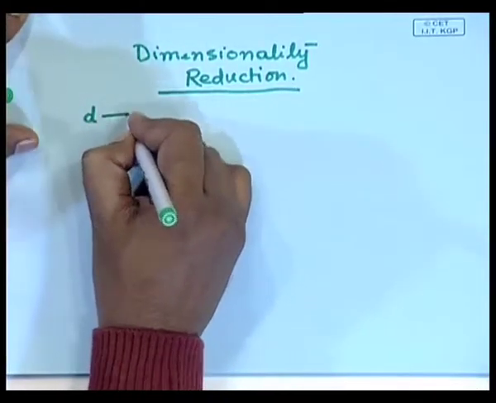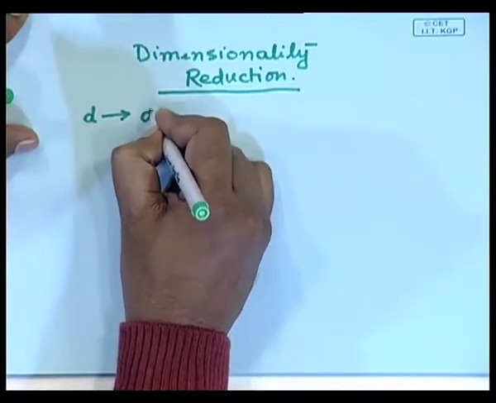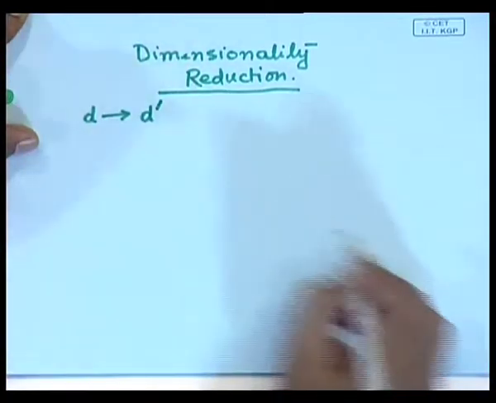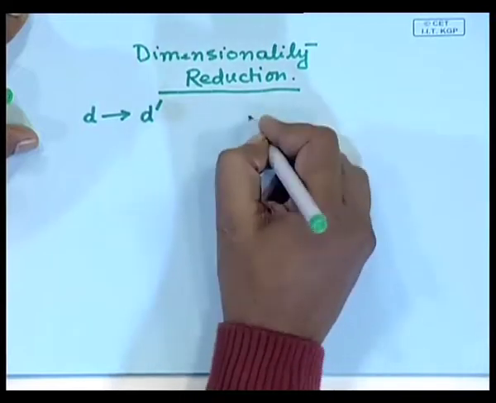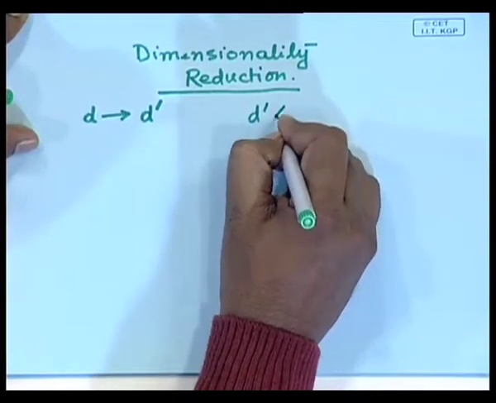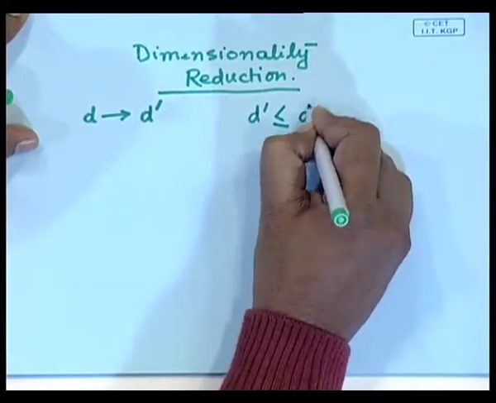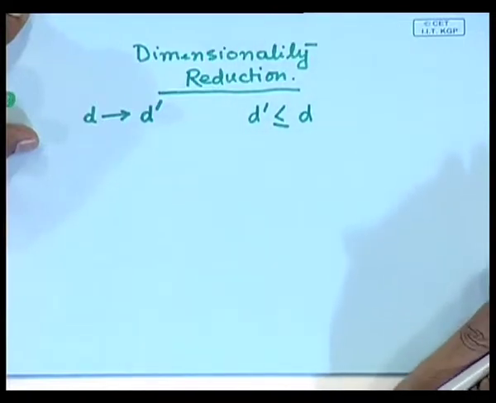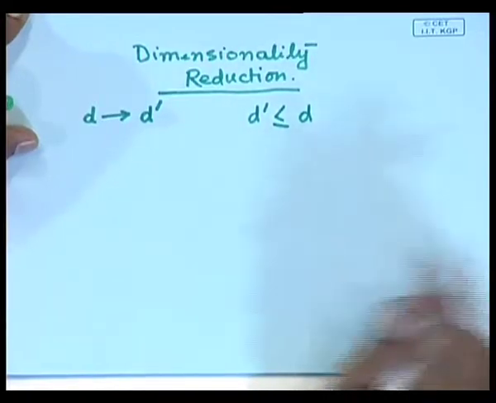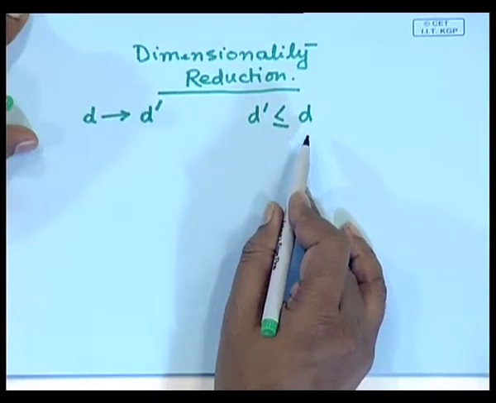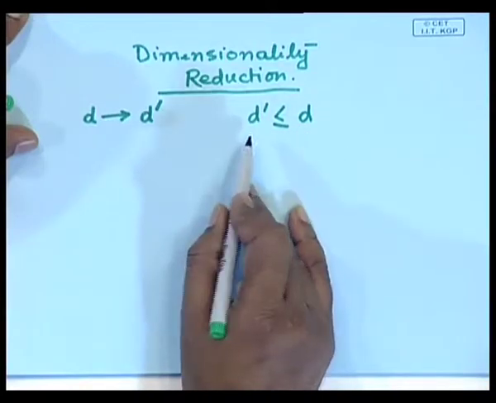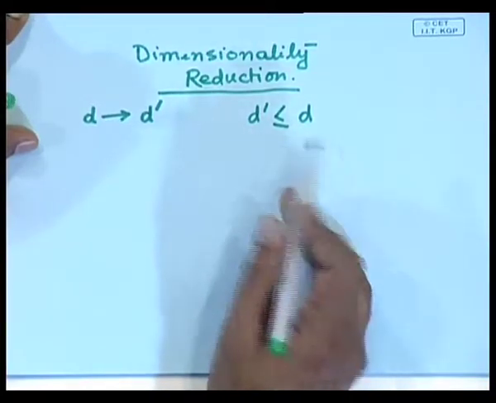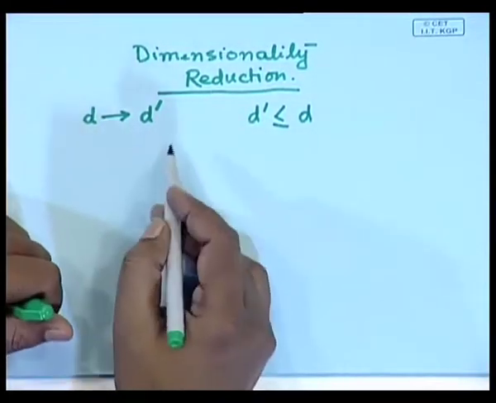I want to reduce these feature vectors to dimension d prime, where d prime is less than or equal to d. Obviously, I do not want d prime to be larger than d. At most it can be equal to d, but I target for d prime less than d, so that the dimension is reduced.